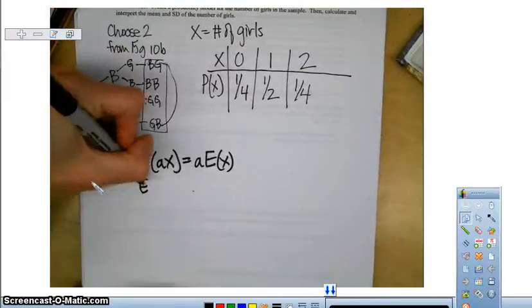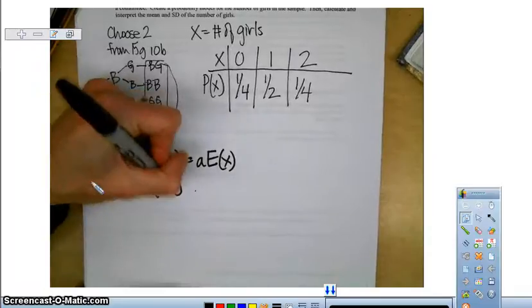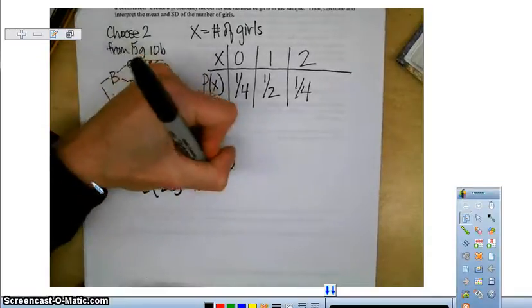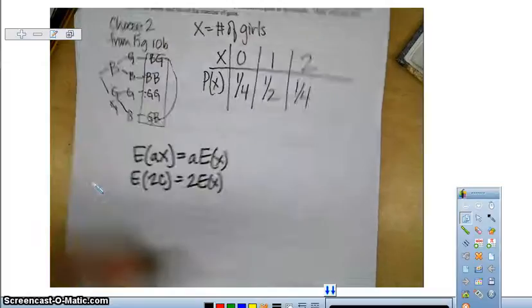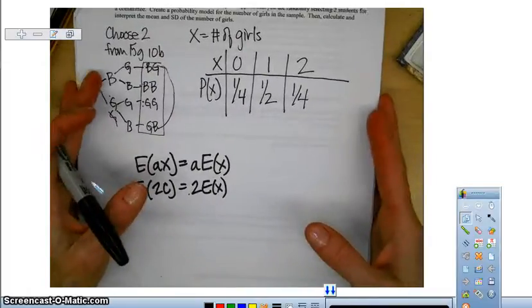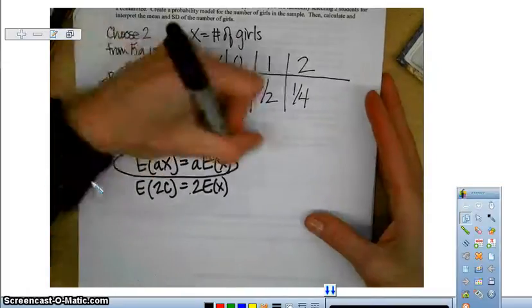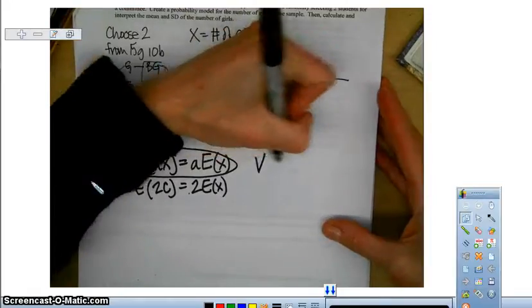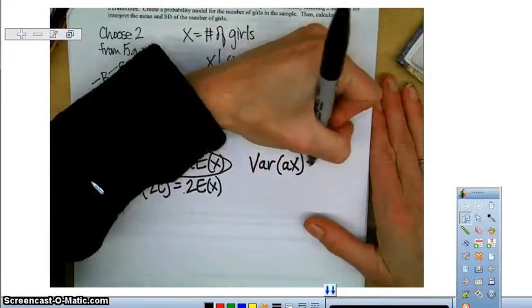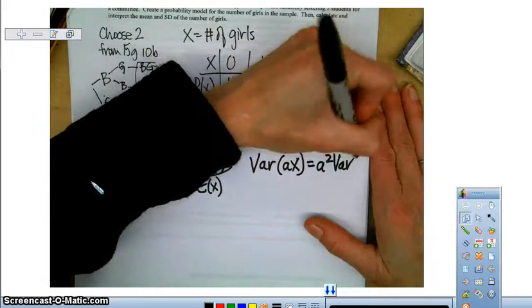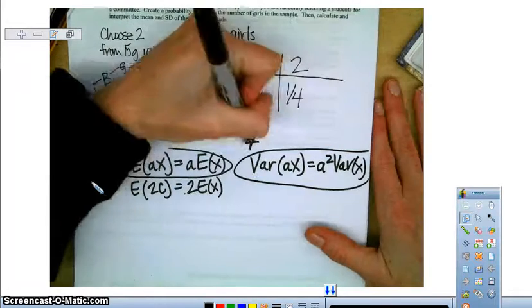That's saying the expected value of 2 times cilantro would be 2 times the expected value of cilantro. If you have 2 of them, you just multiply. Another rule says the variance of A times X is equal to A squared times the variance of X. This is the key one right there.